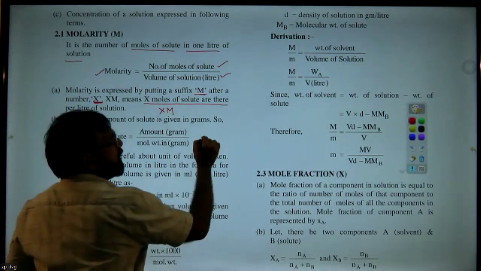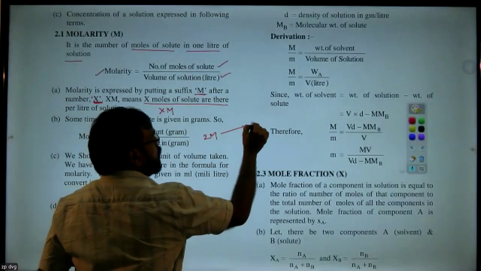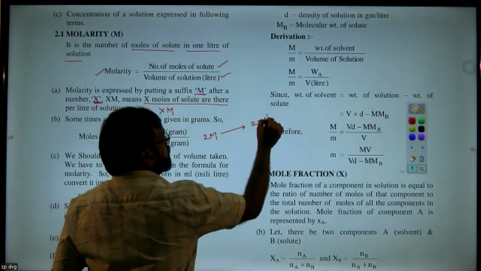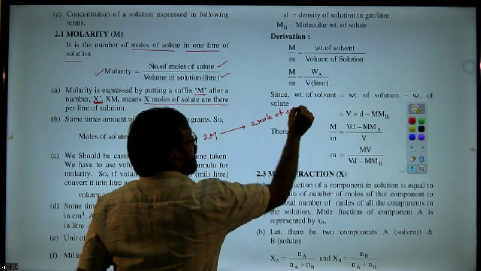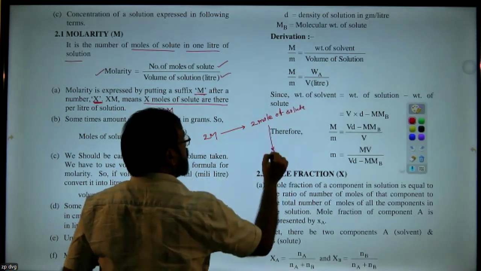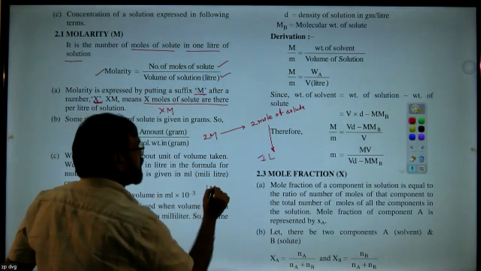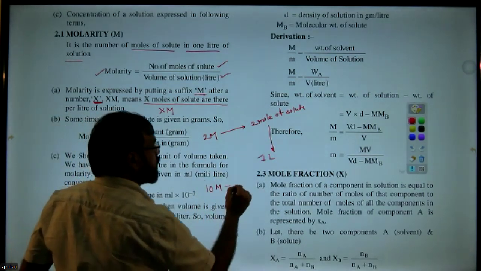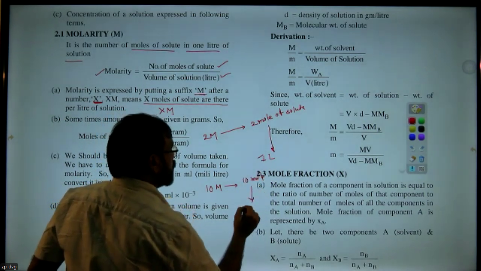Suppose they give 2 molar, what does it represent? 2 moles of solute present in how many liters? 1 liter. For example, 10 molar. 10 molar indicates 10 moles in 1 liter of the solution.